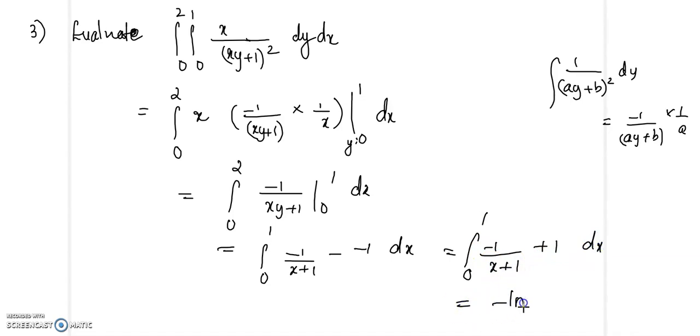So the integral is minus ln(x plus 1) plus x. There is a small correction: here the limit was 2, so everything here will be 2. When you apply the limits from 0 to 2, you are going to get minus ln 3 plus 2. So the answer is minus ln 3 plus 2.